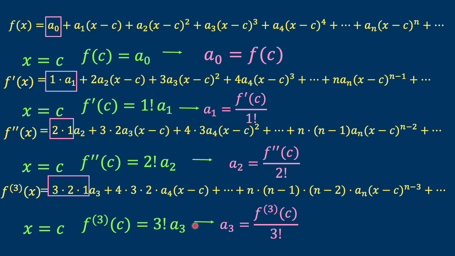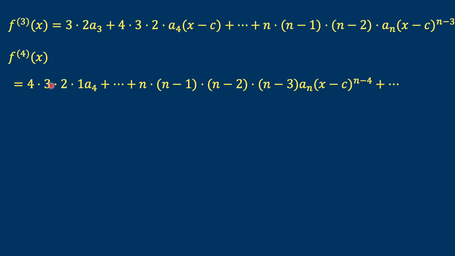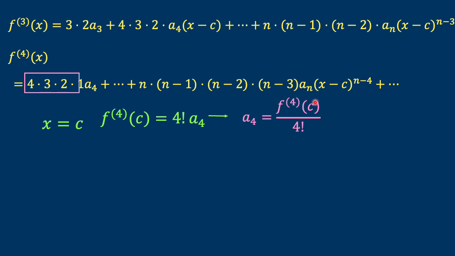What is an going to be, guys? Now, the third derivative is this form. For the fourth derivative, take one more derivative. It looks like this form. So the fourth derivative of f at c is 4 factorial times a4. So a4 is the fourth derivative of f at c over 4 factorial. Can you see this?